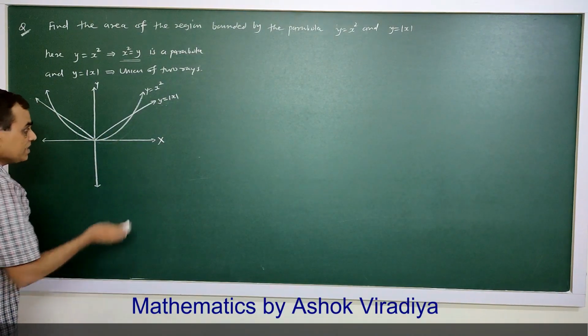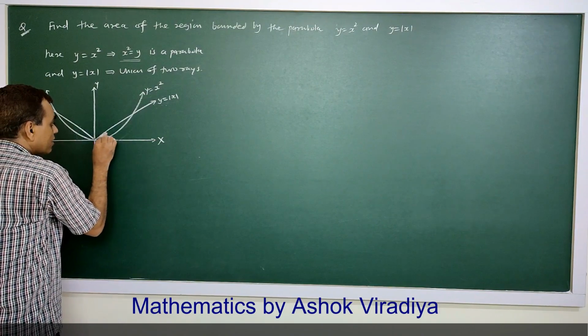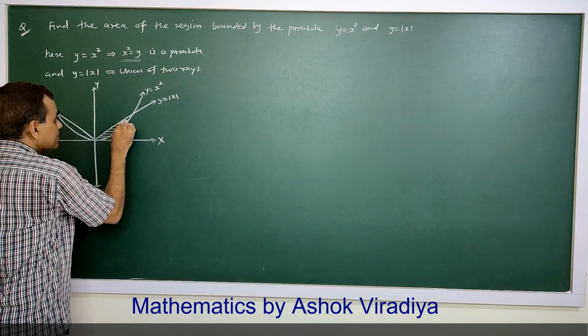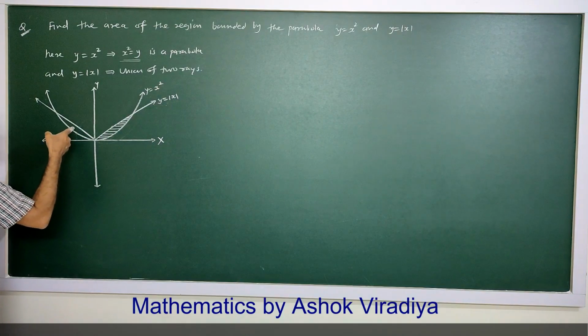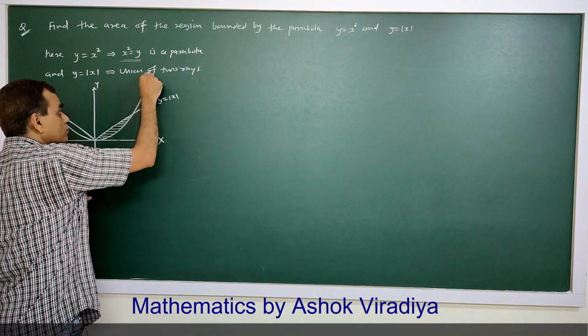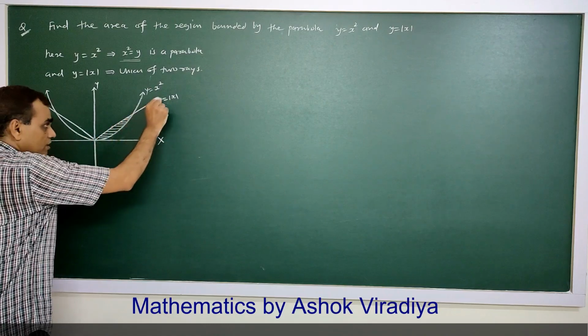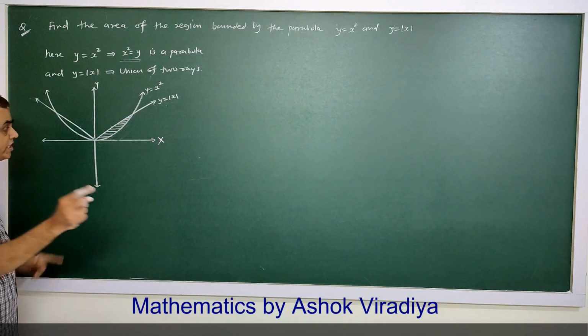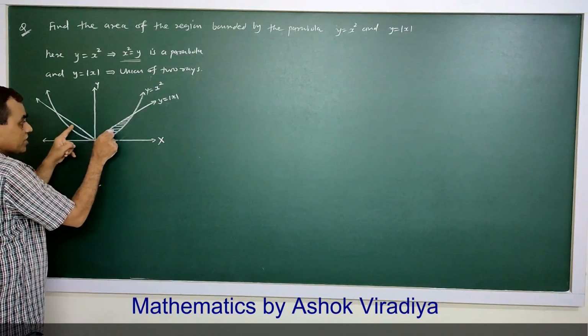So whatever region there is in the first quadrant, the same region will be in the second quadrant. So the region bounded by the first curve and the second curve is the union of these two regions.